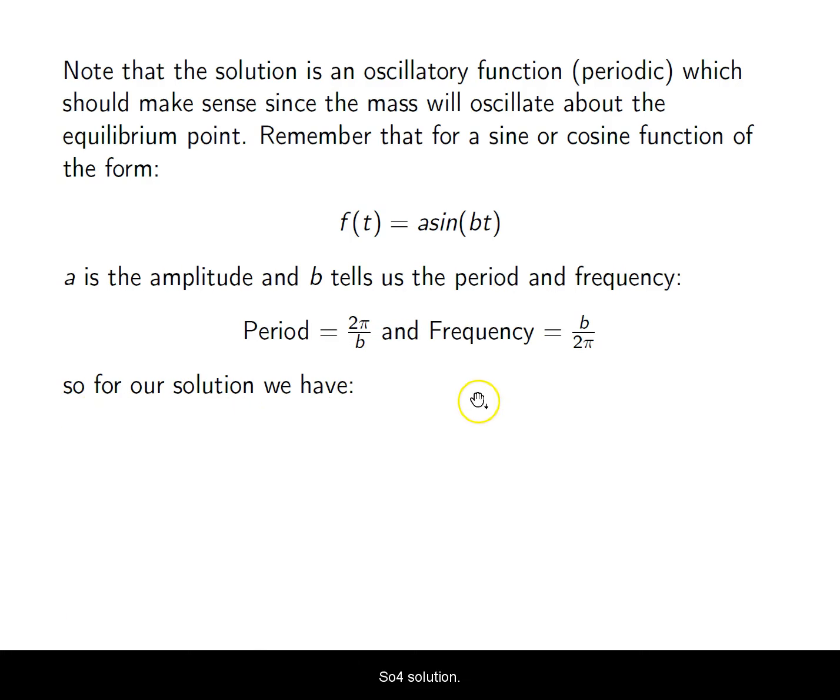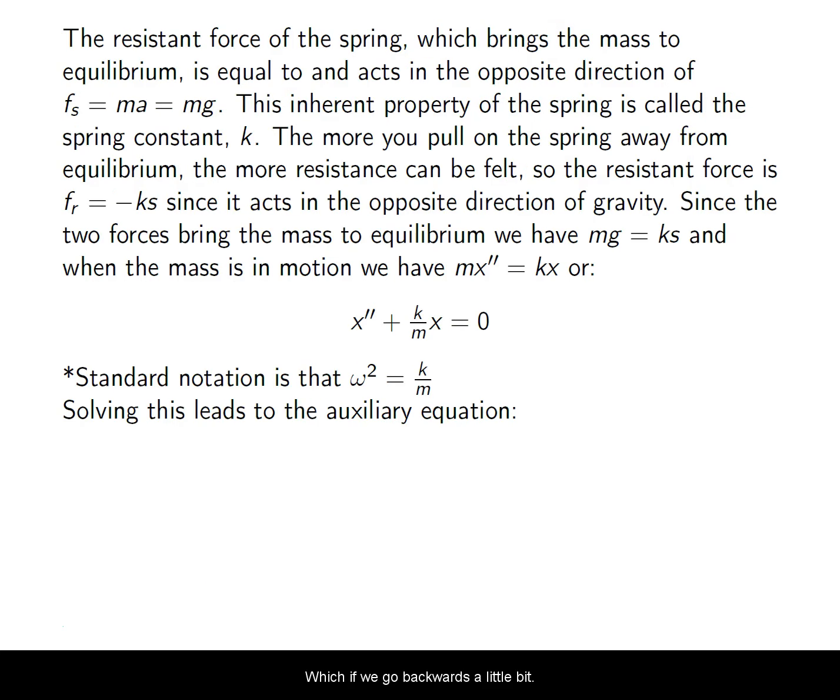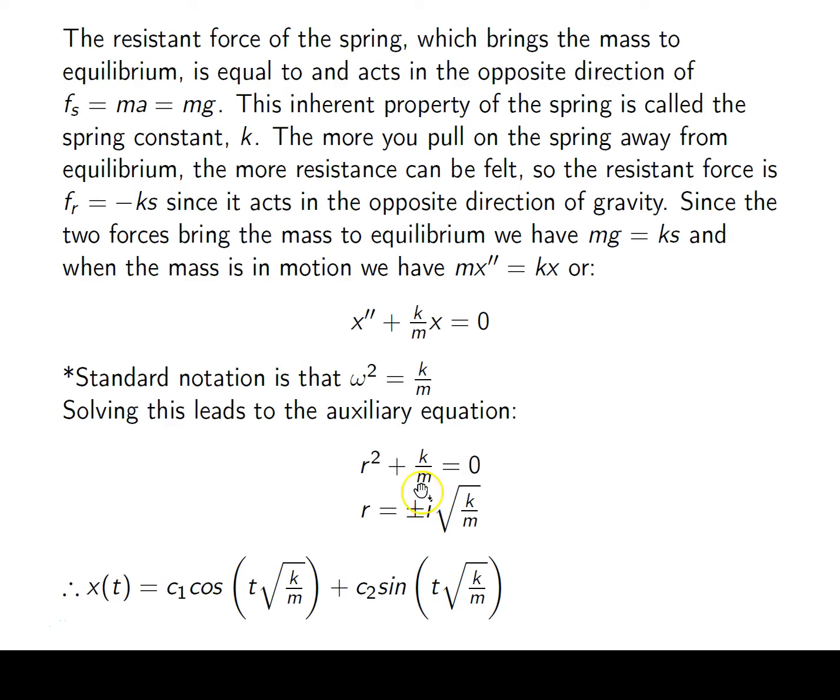So for our solution, if we go backwards a little bit, C1 and C2 are the amplitudes for the different cosine and sine functions, but we'll have to talk about that later because I can have 2 different values for C1 and C2. So is this my amplitude? Is the sum of these my amplitude?